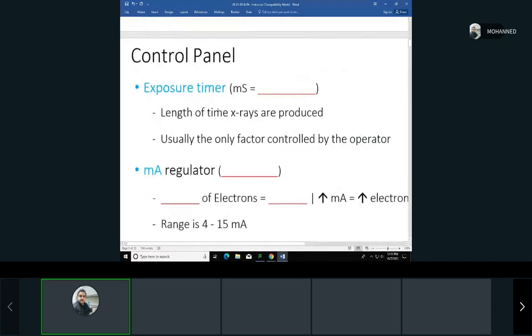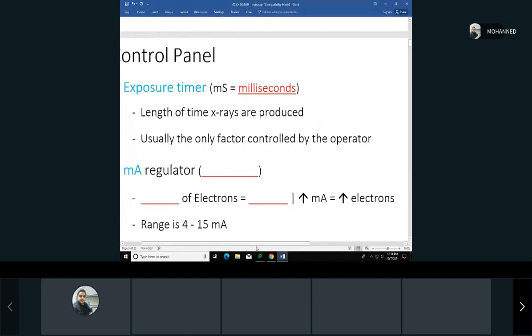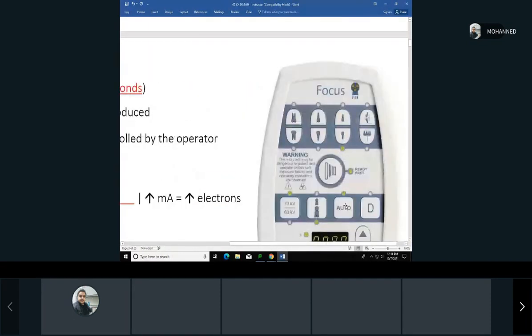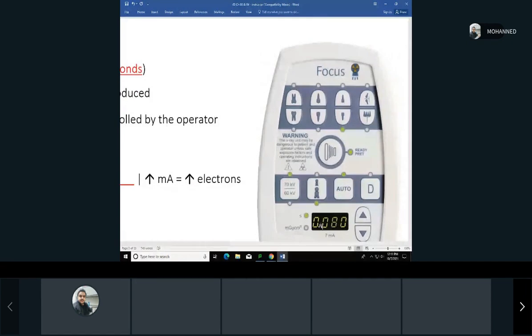Exposure time is usually measured in ms, which means milliseconds, so it's 0 point something of a second. When you turn that machine on and you see the numbers on here, this is in milliseconds.